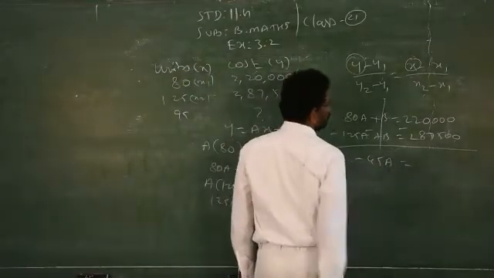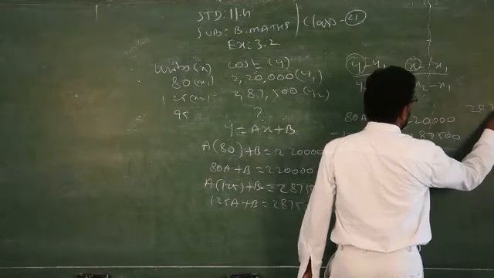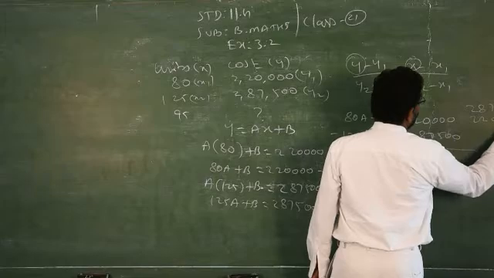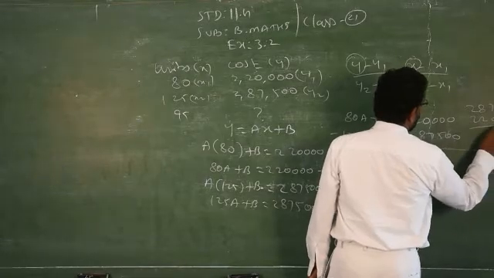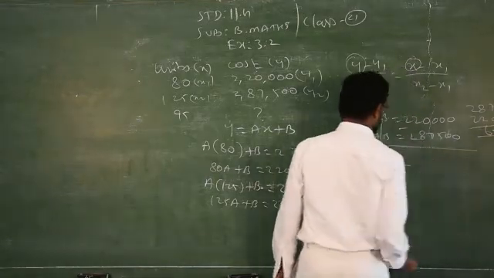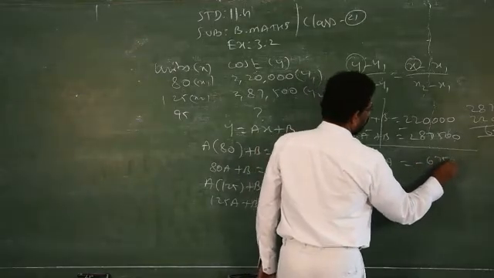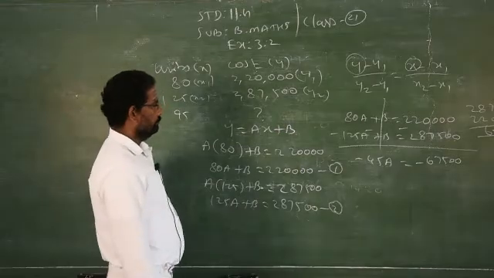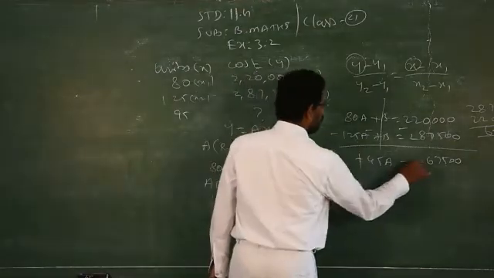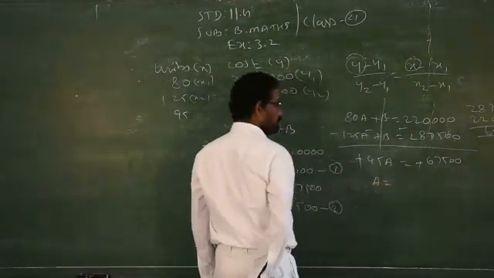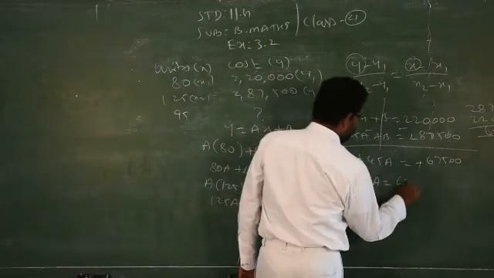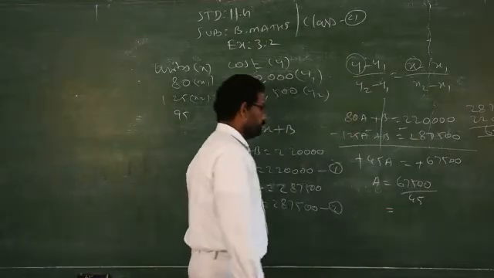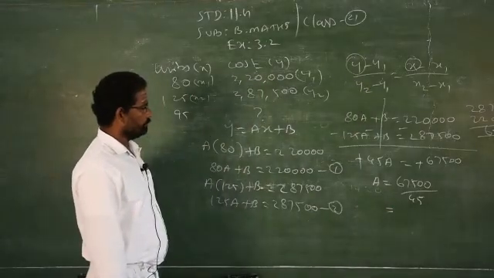Then subtract, 67,500. The minus minus gets cancelled. Find what is A: 67,500 divided by 45. What will be the answer?